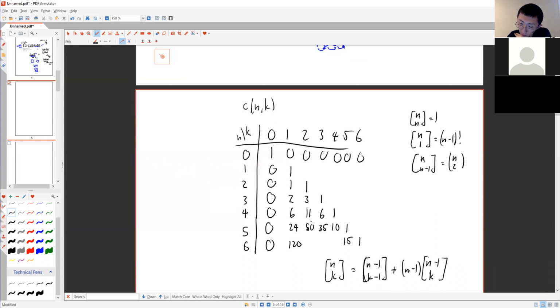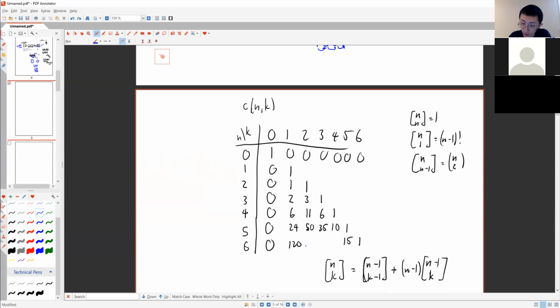Let's see, 50, it's 6 plus 4 times 11, 4 times this number. Yeah, that's true. 35 is 11 plus 4 times the 6. Yeah, that's true. Okay, it seems to be good so far.